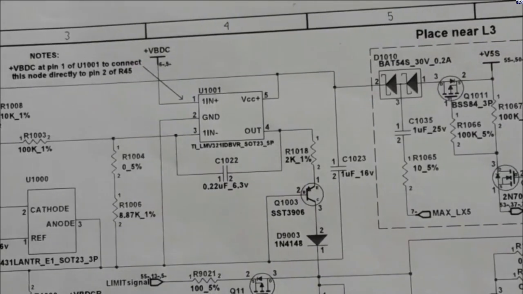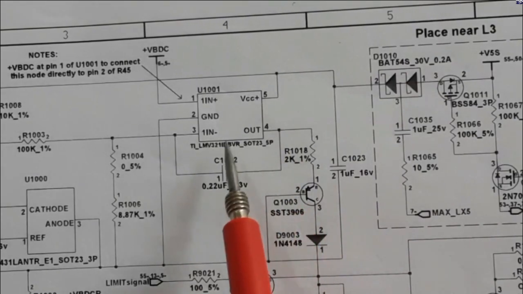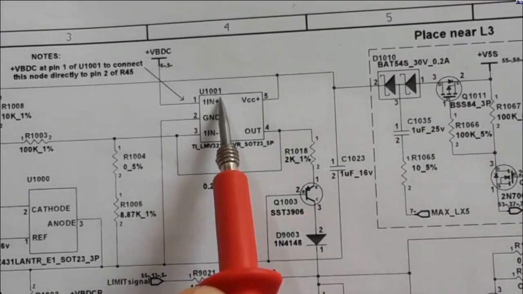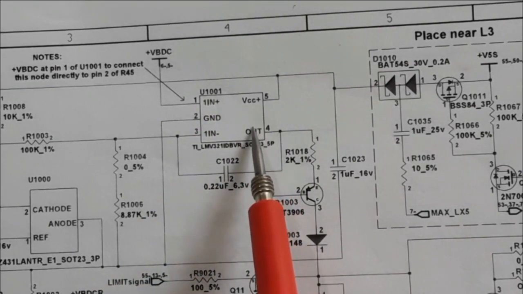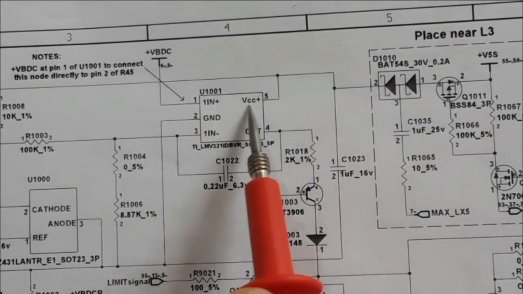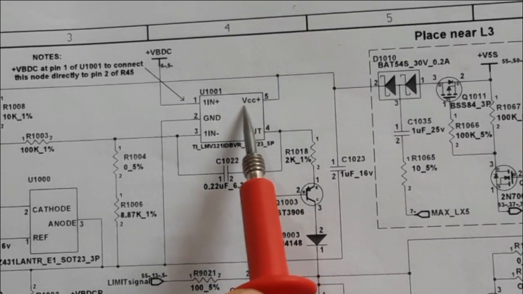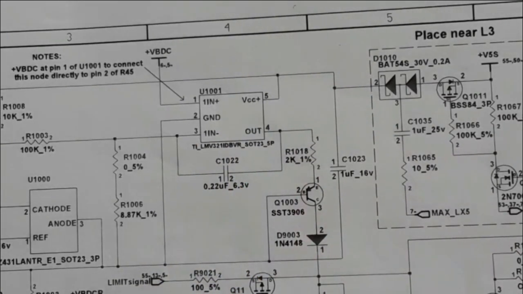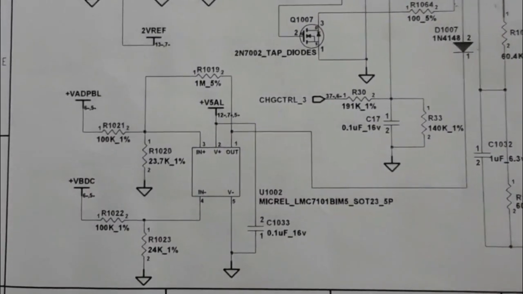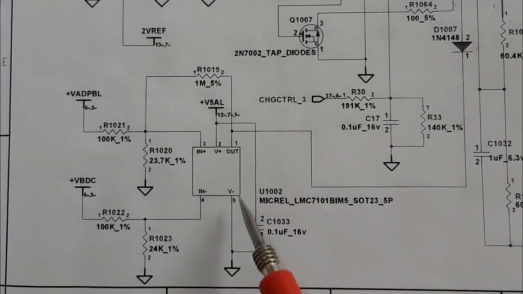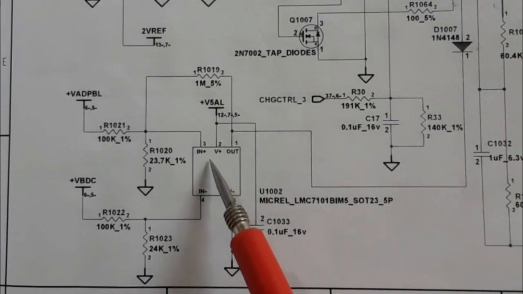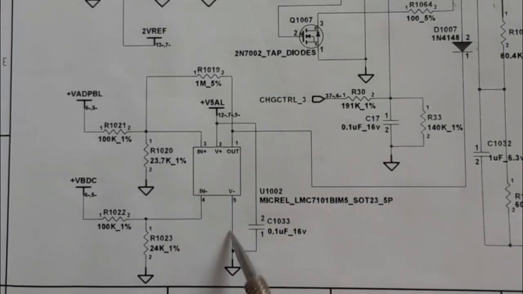U1001 and U1002. Here we have the input voltage and the output voltage. We call this a voltage converter IC, or you can call it a regulator, no problem. Always we have the input and the output, and the working voltage for the IC. And here we have ground, of course.